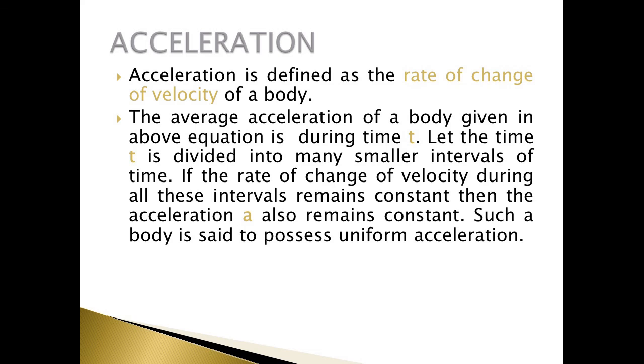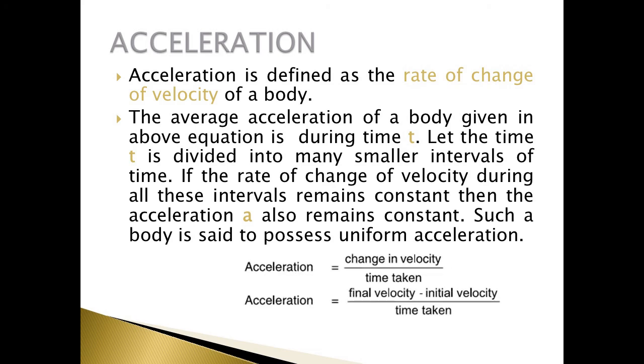Such a body is said to possess uniform acceleration. Here in this formula you can see change in velocity over time taken is equal to acceleration. Acceleration is basically final velocity minus initial velocity, which is equal to change in velocity divided by time taken. So acceleration is equal to Vf, which is final velocity, minus Vi, which is initial velocity, over t.